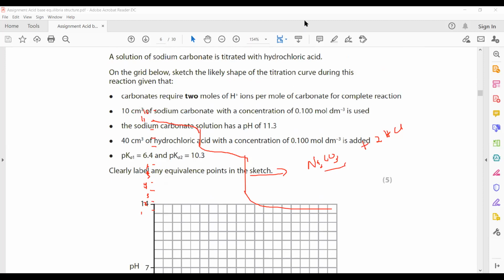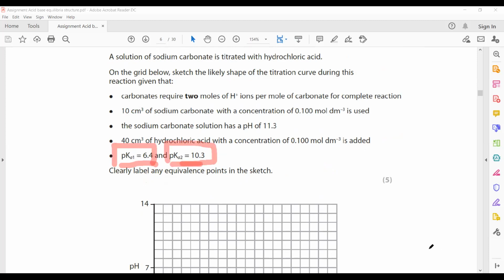That's why in the question they give you a hint here that pKa1 and pKa2, the dissociation constants for the acid. The pKa1, the power of dissociation constant, is 6.4. So there will be one change at 6.4 and another change around 10.3.